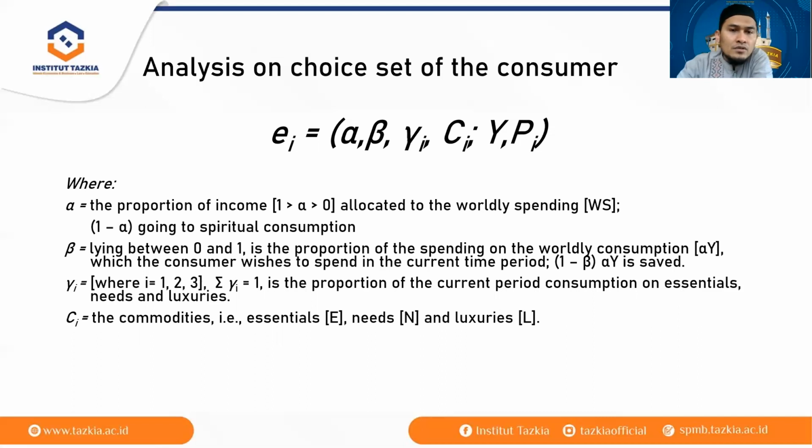Where 1, 2, 3 are the proportions of current period consumption on essentials, needs and luxuries. Starting with basic needs, you have the fulfillment of the consumption of essential needs and luxuries. In the end, C1 is the commodities, for example essential needs and luxuries, so it is going to be balanced. So here and the hereafter are going to be in balance, with the orientation toward social welfare and also toward the hereafter for future needs.